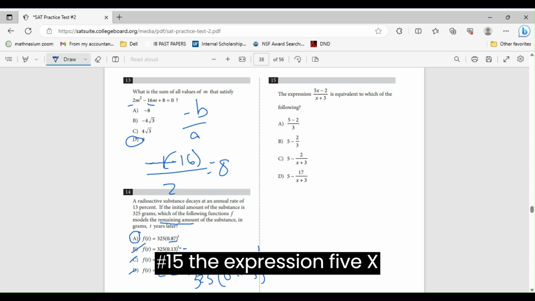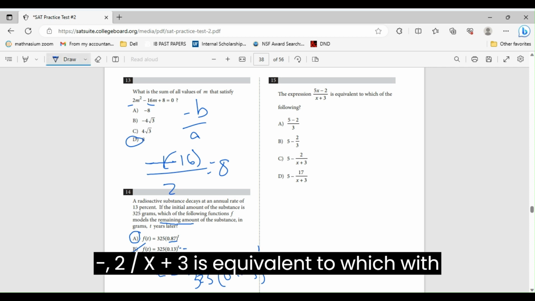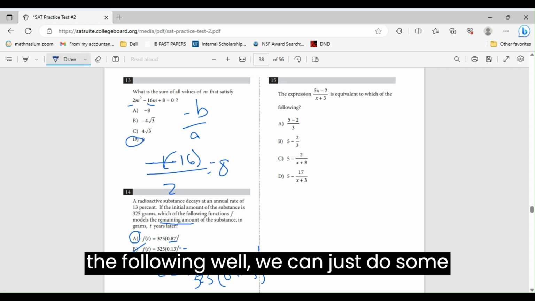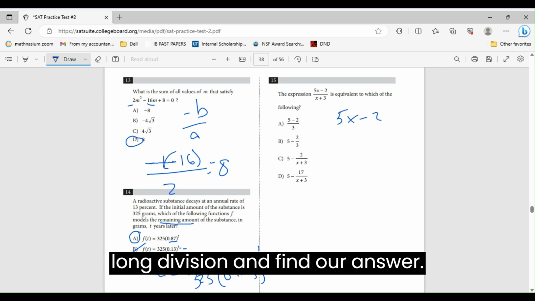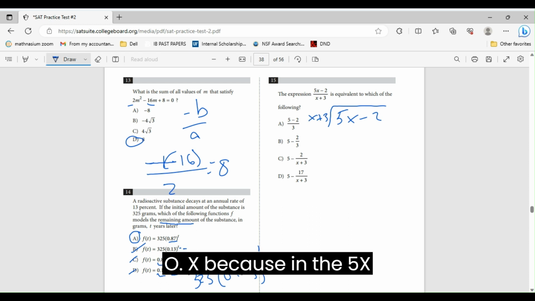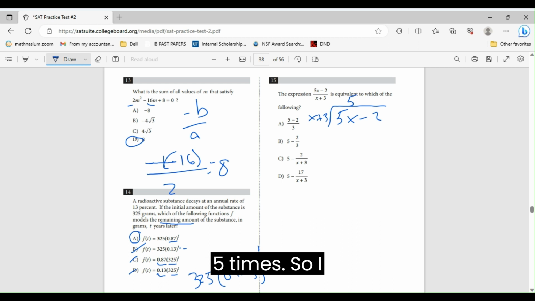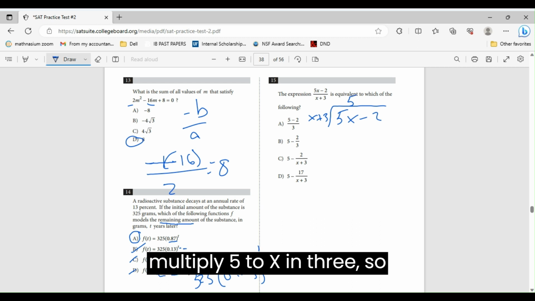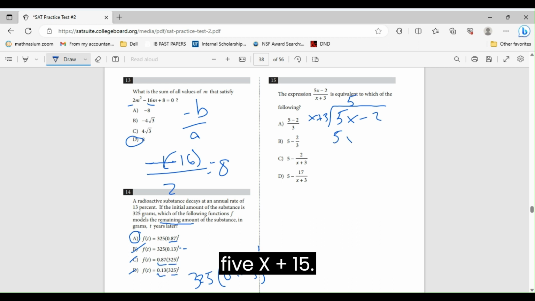Number 15, the expression 5x minus 2 divided by x plus 3 is equivalent to which of the following? Well, we can just do some long division and find our answer. So x goes into 5x 5 times. So then multiply 5 to x and 3, so 5x plus 15.